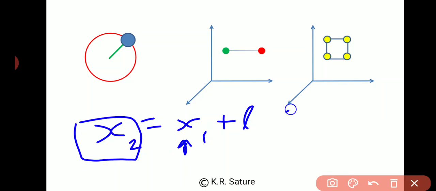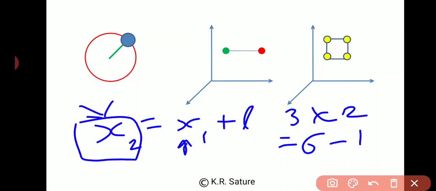So 3 into 2, there are 6 degrees of freedom initially, but here we have one equation for constraint, that's why 6 minus 1, and now we have 5 degrees of freedom. The sixth degree, which is x2, is automatically going to change.